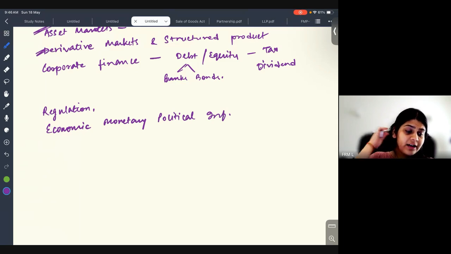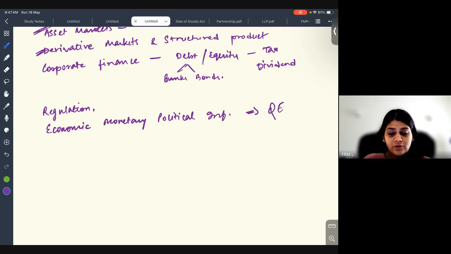Economic, monetary, and political influences. Majority of this is going to focus on quantitative easing and quantitative tightening, which is basically the monetary policy instrument used by the government or the central banks in order to manage the liquidity in the hands of the public.